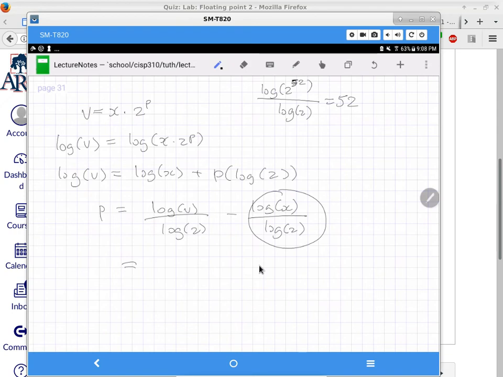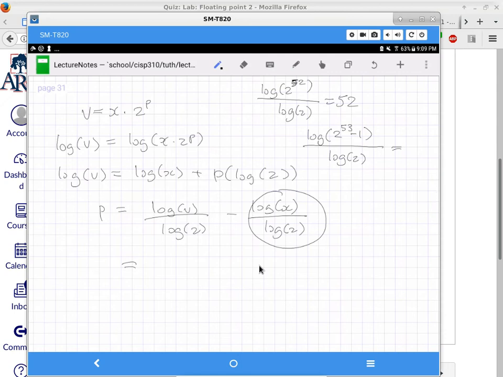And let's take a look at the other one. The log of 2 to the power of 53 minus 1, the whole thing divided by the log of 2. And what do you think that boils down to? Now, we know one thing, don't we? If it were not for this bothersome minus 1, the answer would have been 53.